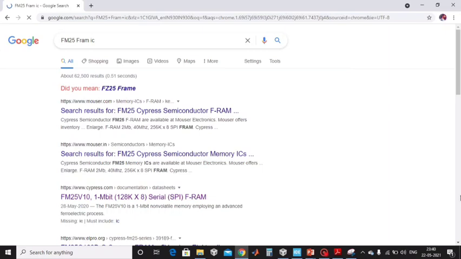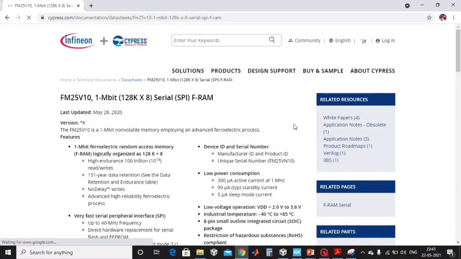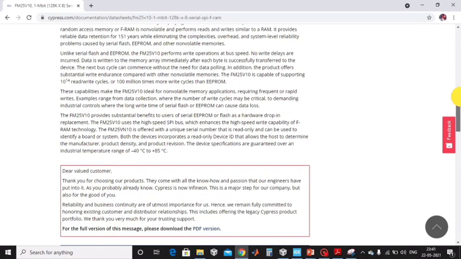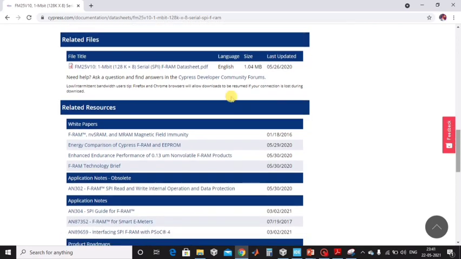So let's have a look at this device. Extracting information from the datasheet is very important.